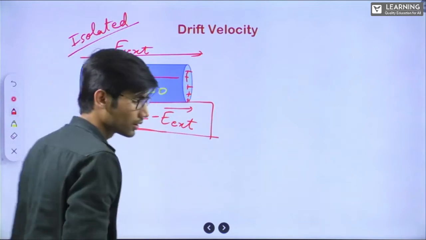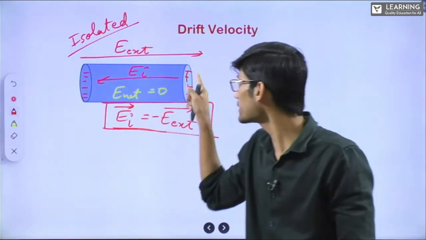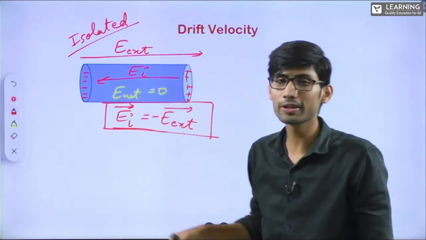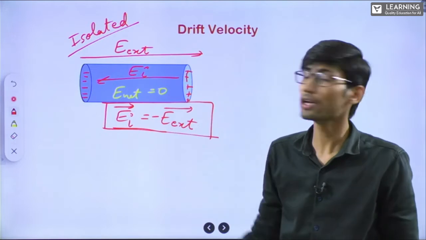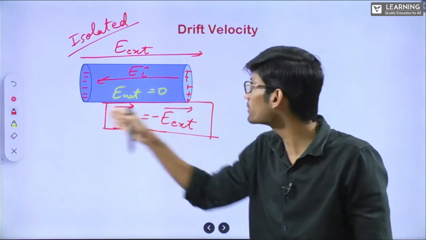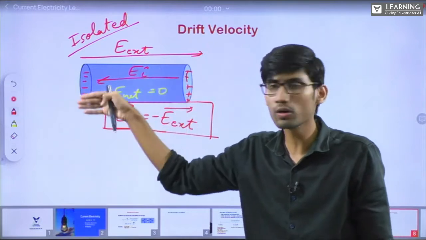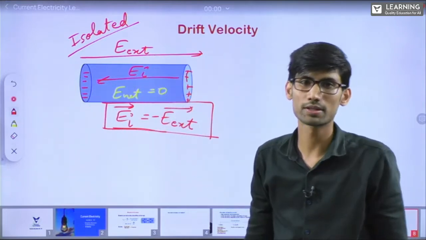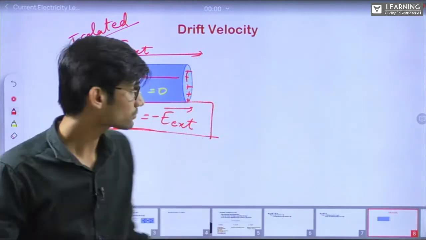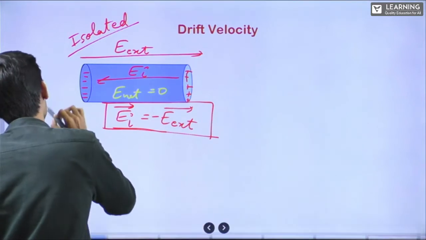If this is very strong, a lot of charge will accumulate at the ends, and E induced will be greater, equal and opposite to the external field every time. This we have seen in electrostatics.